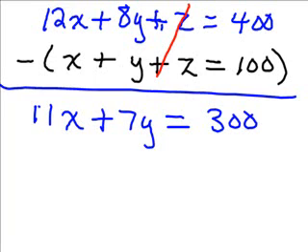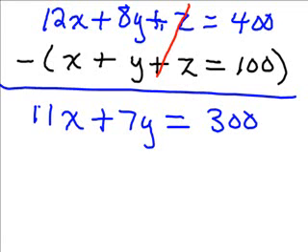All right. Now we're going to solve for one of these variables. As I said in the previous example, to lessen the amount of work you have to do, solve for the variable that has the lower coefficient. So we're going to again solve for y because 7 is smaller than 11.